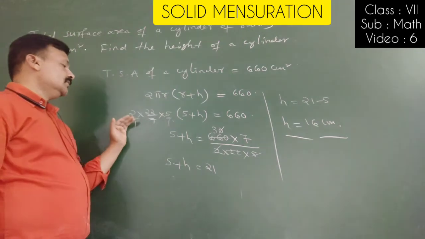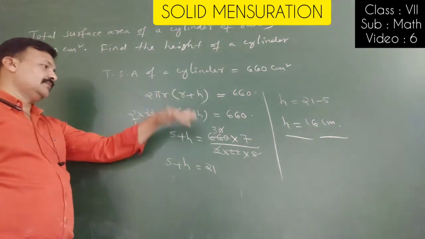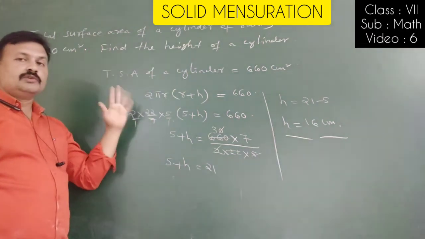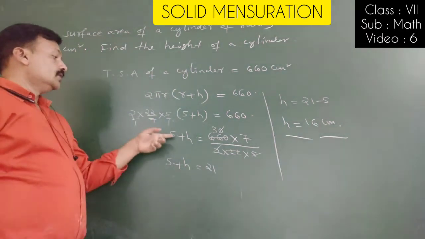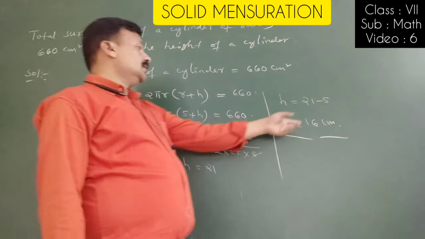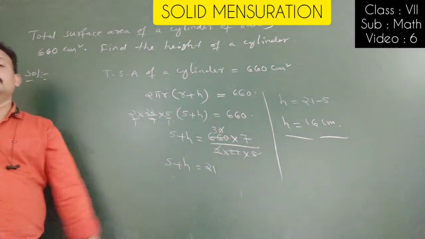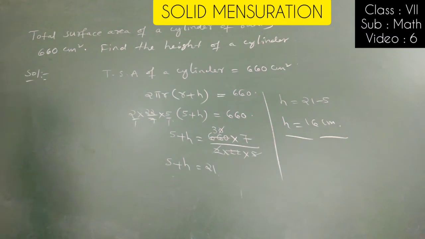Send 22 into 2 into 5 to that side, it becomes denominator, and 7 becomes numerator, because both are inverse. So 5 plus h equal to 21 we got. h equal to 21 minus 5, that is 16 centimeters.